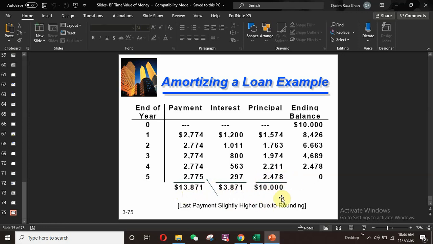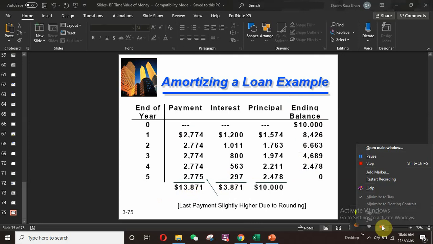So against the 10,000 of borrowing, he will pay a total of 13,871. This way we can design and develop the amortizing loan schedule, and we can allocate the distribution of our annual payments into interest payments and principal payments. So it was all about the loan amortization.